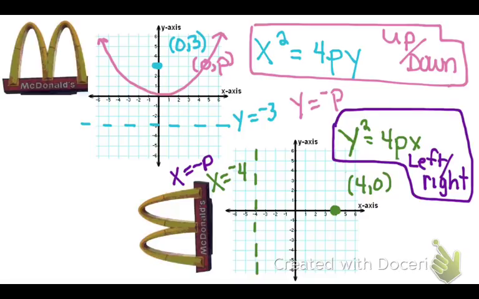Then our focus is going to be the opposite, so I have a +4. We think of that as (p, 0). Also, you should remember that the focus and the vertex are on our line of symmetry. So our graph might look something like this. Our focus is on the inside of the parabola.